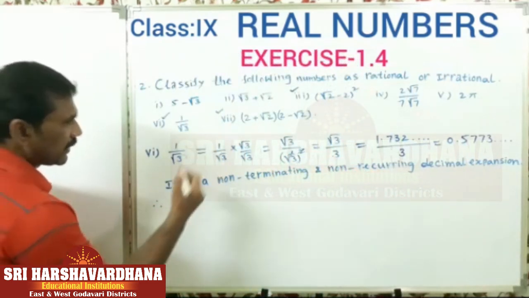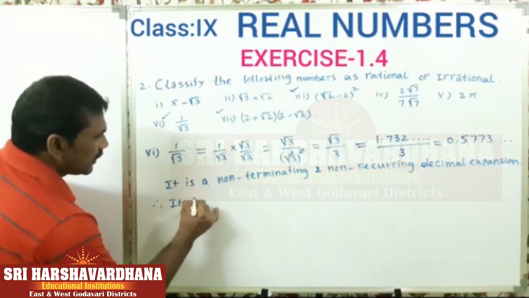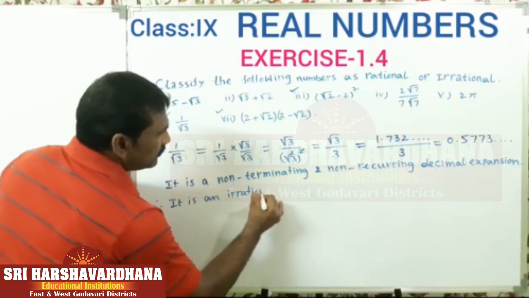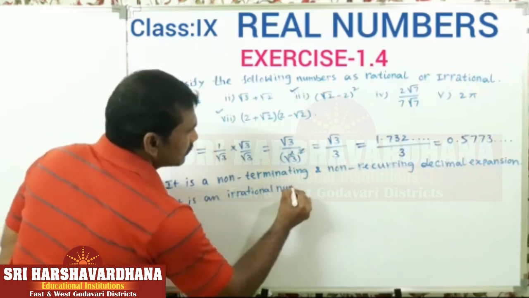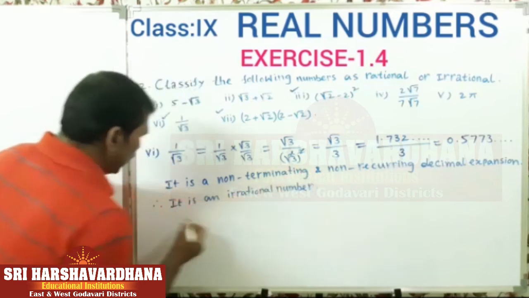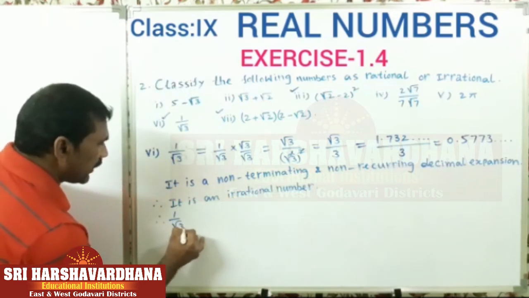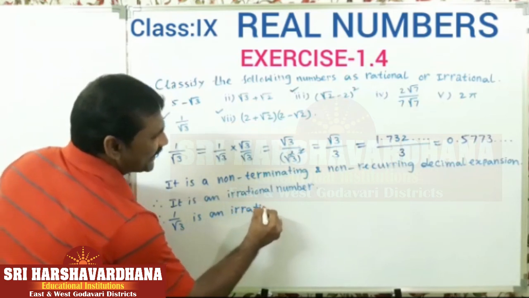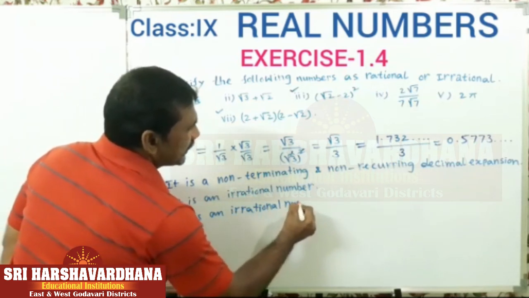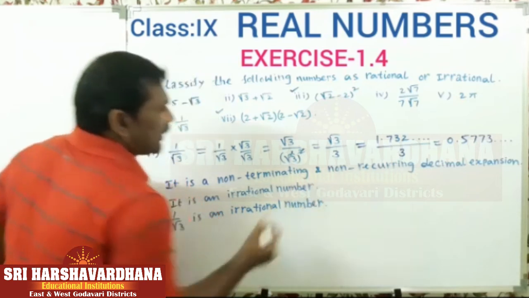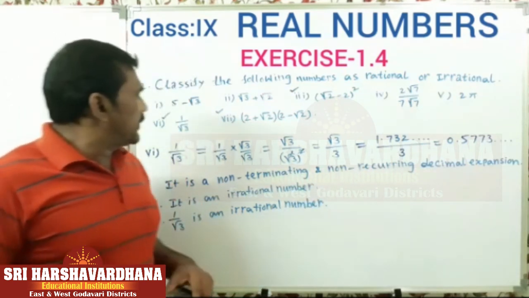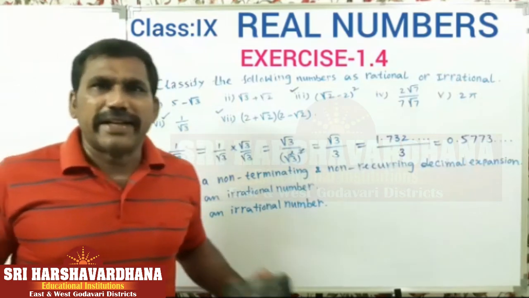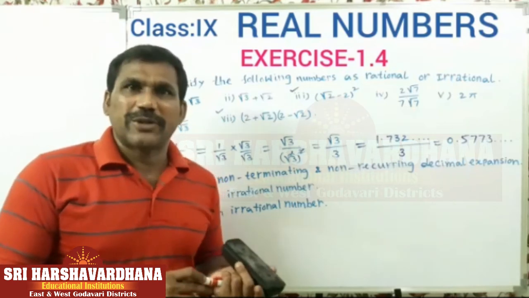Therefore it is an irrational number. Therefore 1 by root 3 is an irrational number. Like that we have to do. Okay, right. So write down in your notebook. After that I will explain the 7th problem.